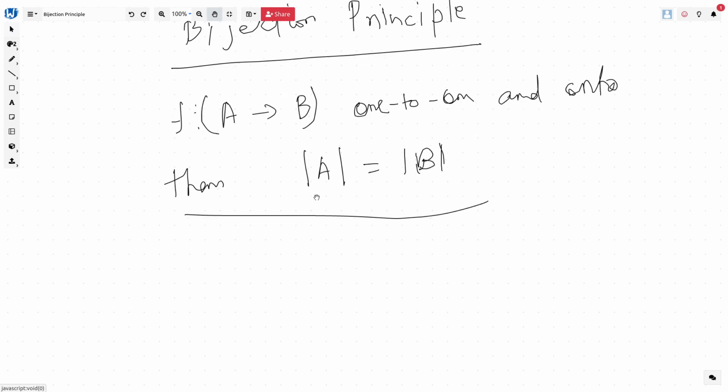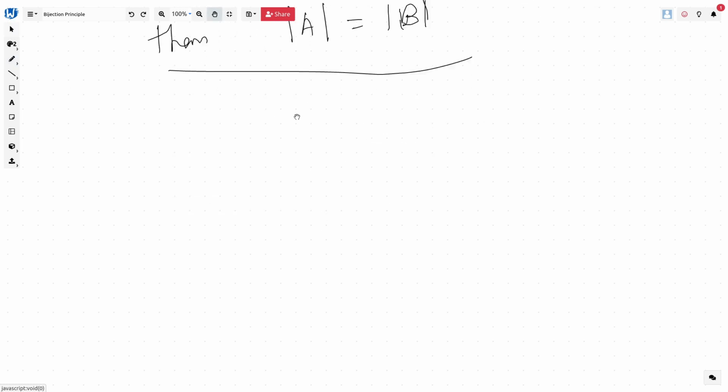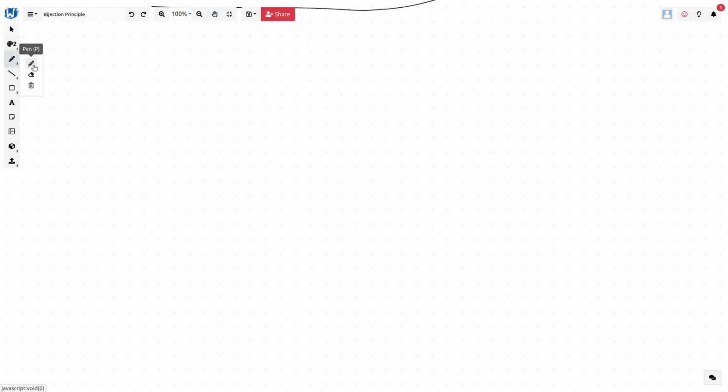Let's take advantage of it and see how this can be done easily. We have already taken one example earlier, so we'll go back to that example.